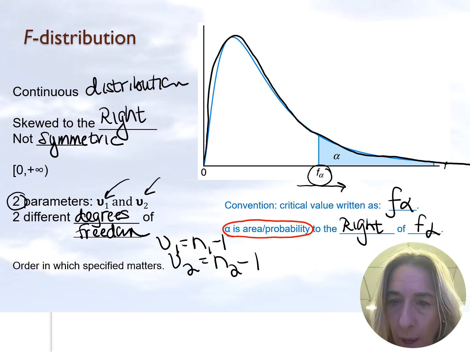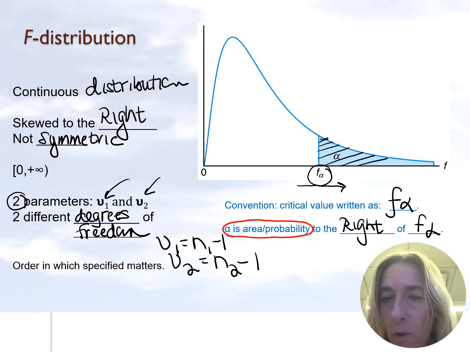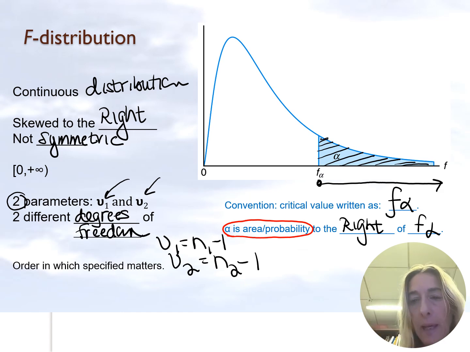So alpha here represents all the area under the curve to the right of the critical value F sub alpha. That is the convention.